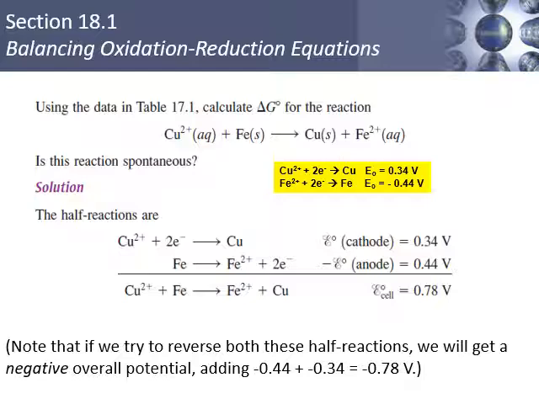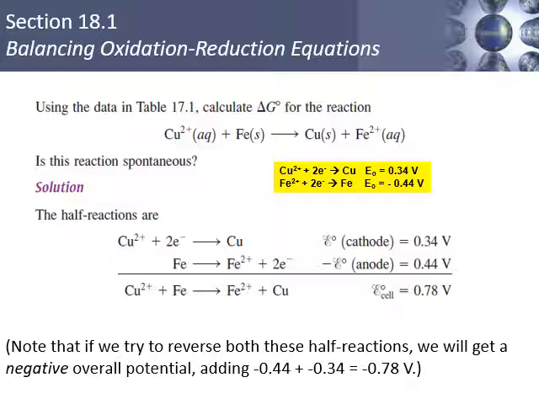All right, so here we have an example. At the top, we have Cu2+ plus Fe gives Cu plus Fe2+. Will it be spontaneous? I went ahead and entered the voltages for the two half cells. What we're supposed to do is look at it the way it's written and see if it would be spontaneous. The way it's written, copper 2+ is going to copper, and the voltage there is plus 0.34 volts, and Fe is going to Fe2+.